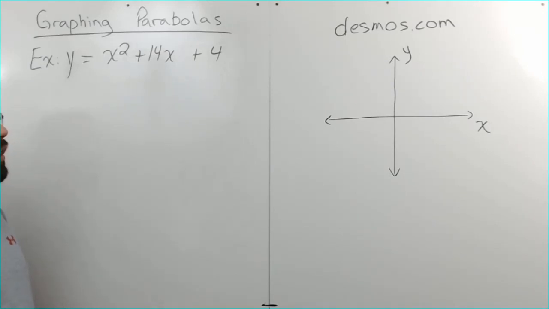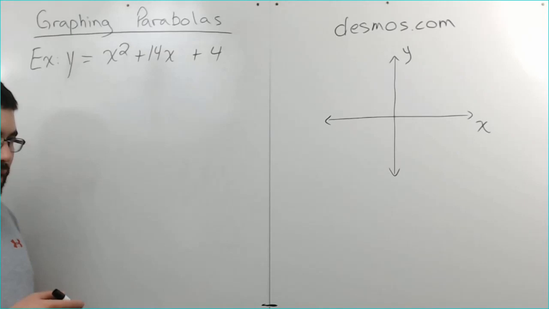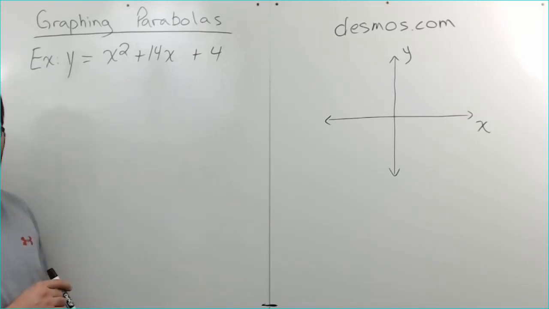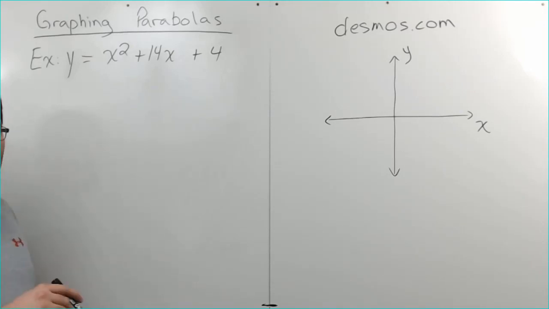And students get accustomed to graphing those, and in many cases the teachers tell them, if you want to pick some points to graph this line, you can start at 0, and then maybe you go to 1, then maybe you go to 2 for values of x. And the problem is that just doesn't work with parabolas every time.